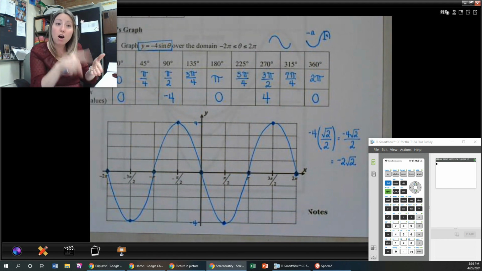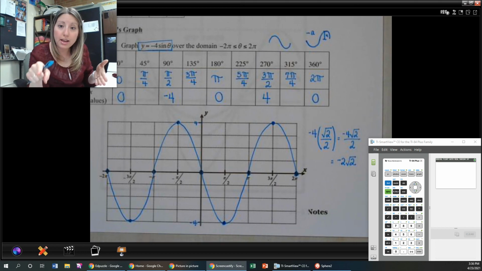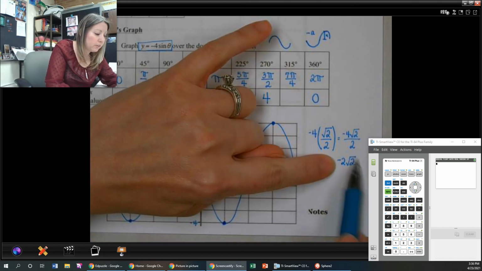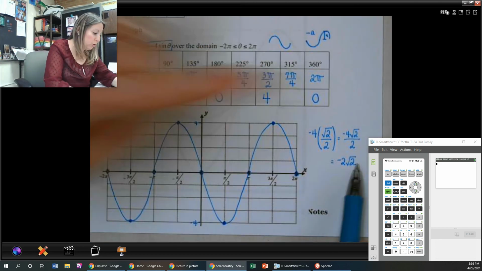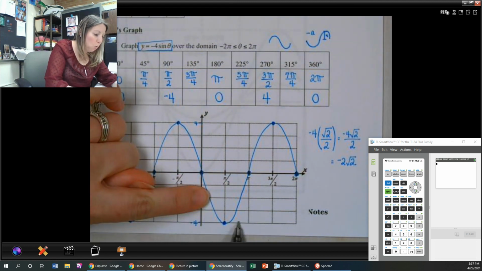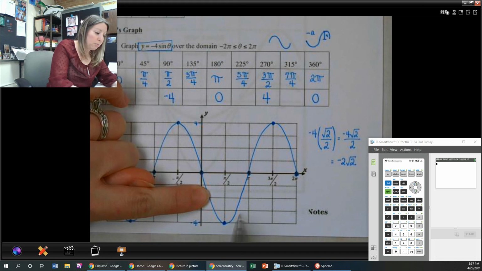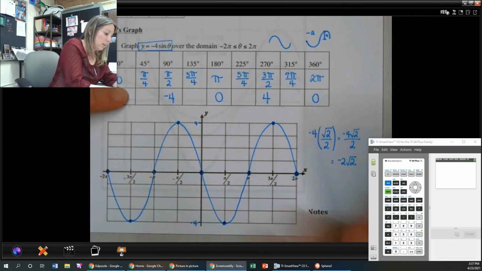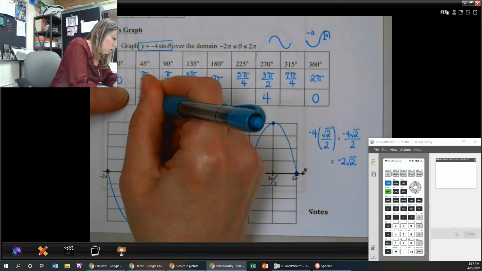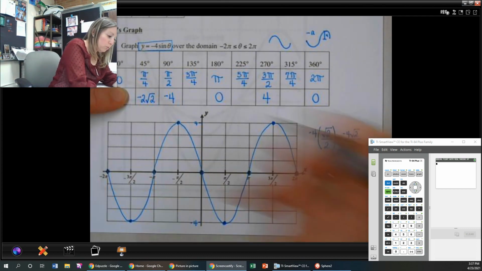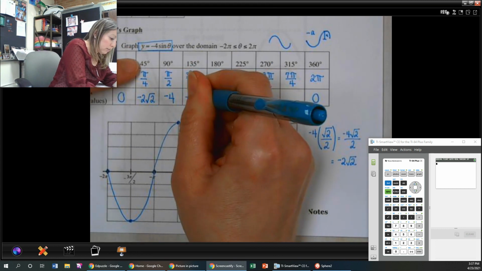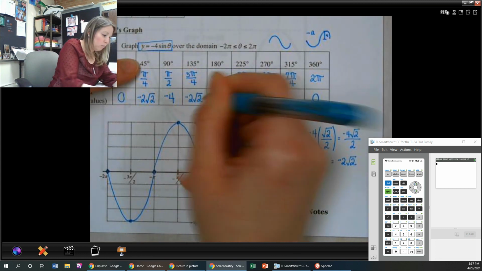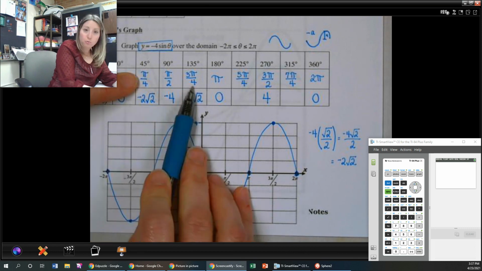And again, because I multiplied by negative 4, what I'm saying here is this negative radical 2 over 2 is for the quadrants that would typically be positive for sine. And it'll be the opposite for the quadrants that would typically be negative for sine. So actually, for all of these, it'll be negative 2 radical 2 for 45 and 135 respectively, which is pi over 4 and 3 pi over 4.